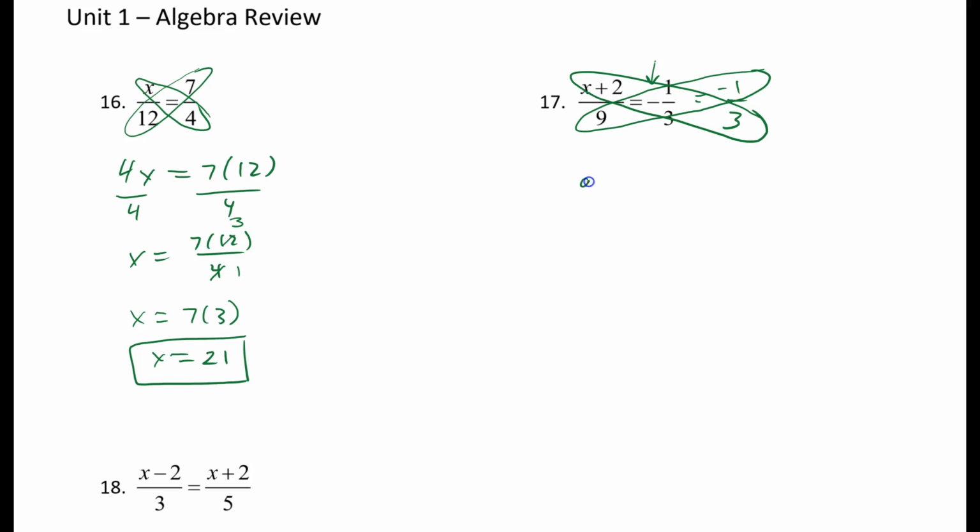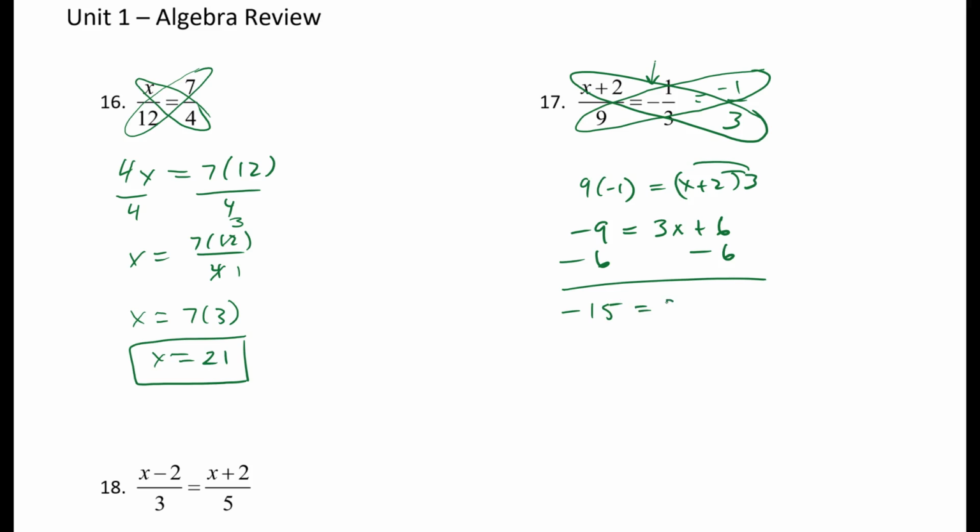So 9 times -1 is 1 cross equals x plus 2 times 3 is the other cross, and then we work from there. -9 equals 3 needs to distribute. 3x plus 3 times 2 is 6. Subtract 6 from both sides to get -15 equals 3x. And divide both sides by 3 to get x equals -5.